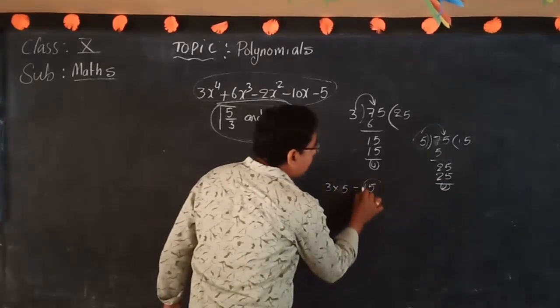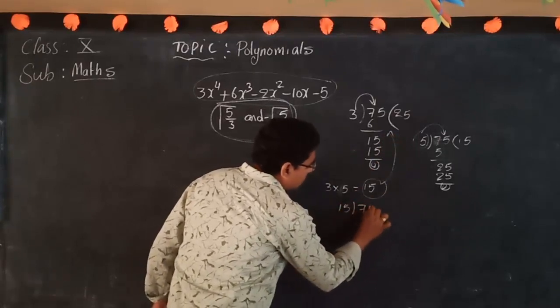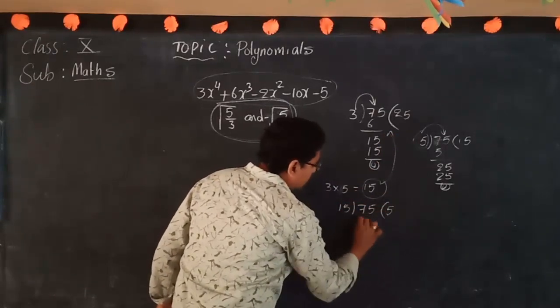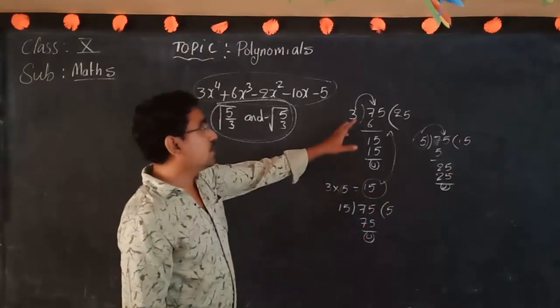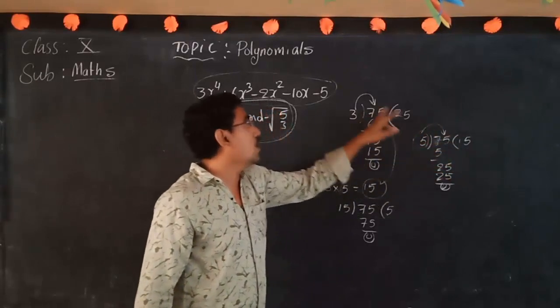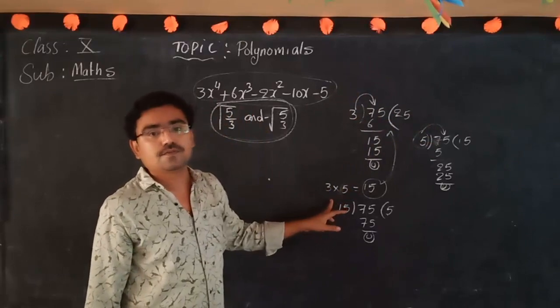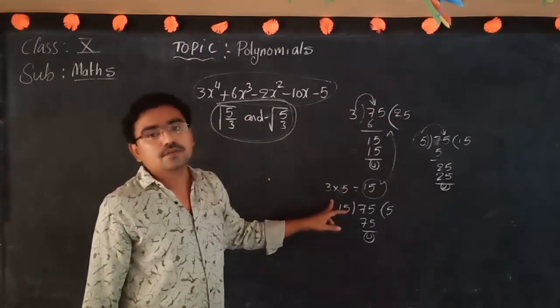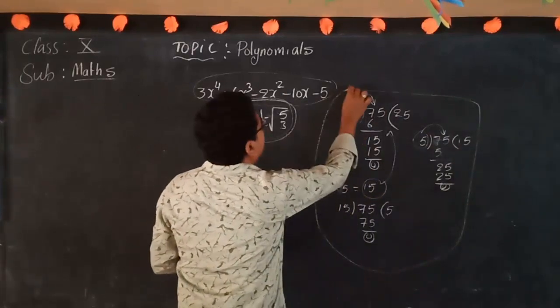Now, is 15 a factor of 75? Simply do the division: 15 5s are 75. 3 is a factor of 75, 5 is a factor of 75, and the product of 3 and 5 is also a factor of 75. By using this simple example, we can easily understand this.